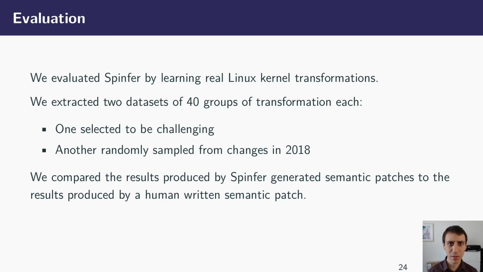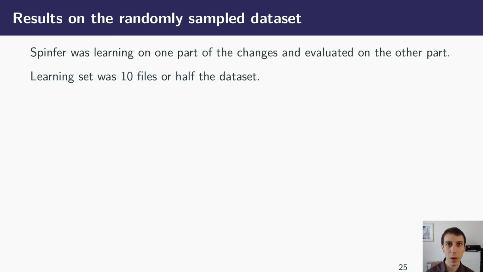Since transformations can contain unrelated changes that are not useful or not possible to automate, we compared the result produced by the generated semantic patch to the result produced by a semantic patch written by a human expert for the same transformation. I will now present one experiment we performed on the randomly sampled dataset.